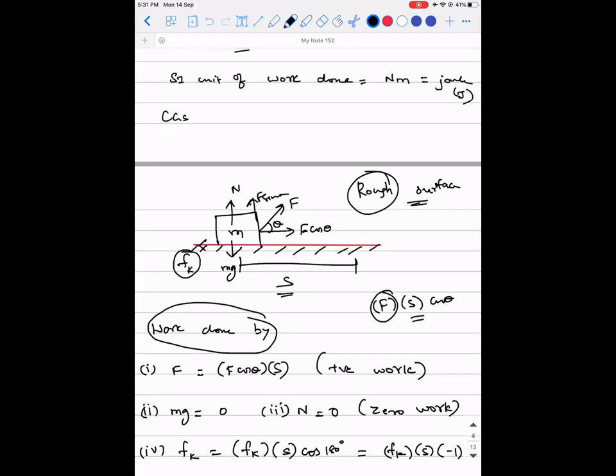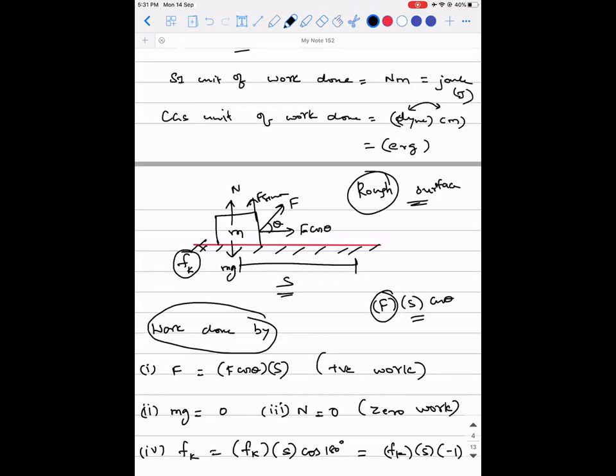Now the next question: what is the CGS unit of work done? It is dyne centimeter, which is called erg. 1 joule is 10 power 7 erg. You can derive it from the concept of units and dimensions. I'm leaving this to you.